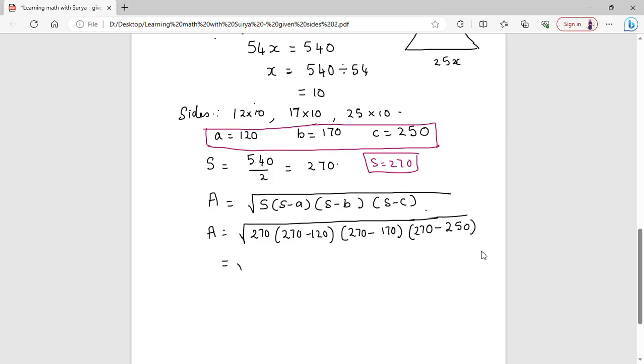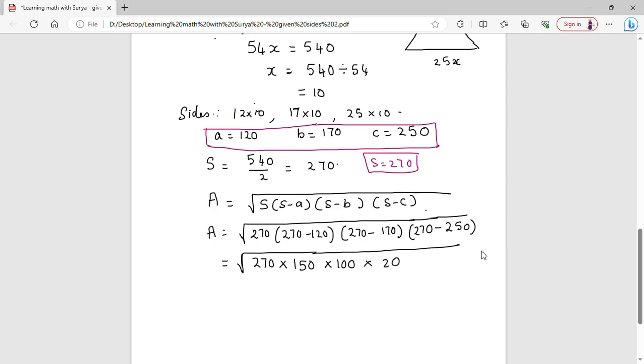So this becomes 270 multiplied by 150. This is 100 and this becomes 20.